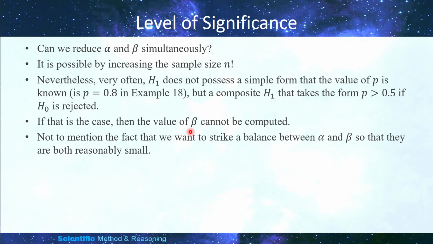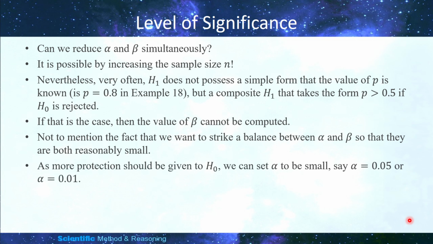Not to mention the fact that we want to strike a balance between alpha and beta to make them both reasonably small. If you may recall, we need to put more protection on the null hypothesis, because the null hypothesis is our traditional belief. We need to have sufficient evidence in order to reject the null hypothesis.